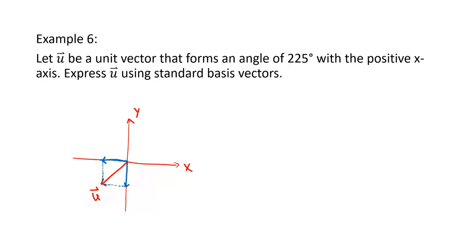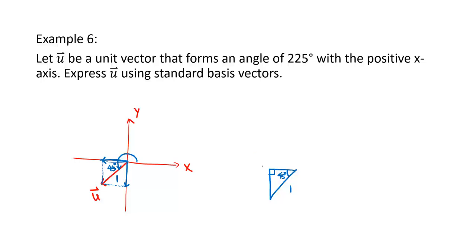And the key here is u is a unit vector, right? So the magnitude of this vector u is 1. This hypotenuse in my triangle is 1. And my angle here is 225 degrees. 225 minus 180 would be 45 degrees, right? So if you just look at this right triangle here, I have my hypotenuse is 1, my angle is 45 degrees.